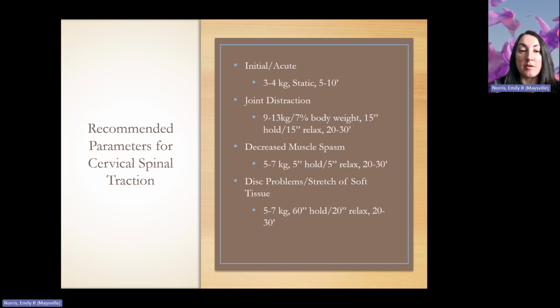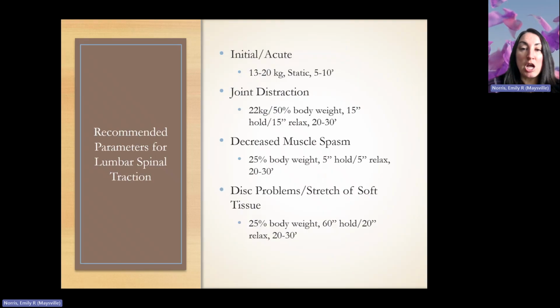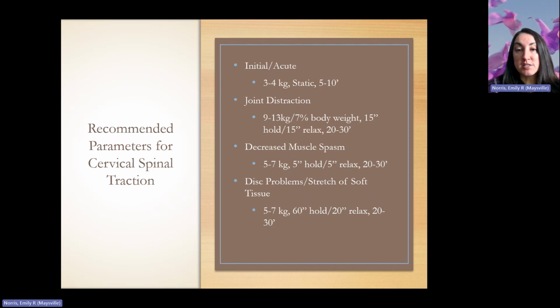And again, in general, you use around 25 to 50% of the body weight for lumbar traction and around 7% or less of the body weight for cervical traction. I would personally start out with the less and make sure they tolerate it before I start increasing the pressure and the amount of weight, percent body weight that I'm using.